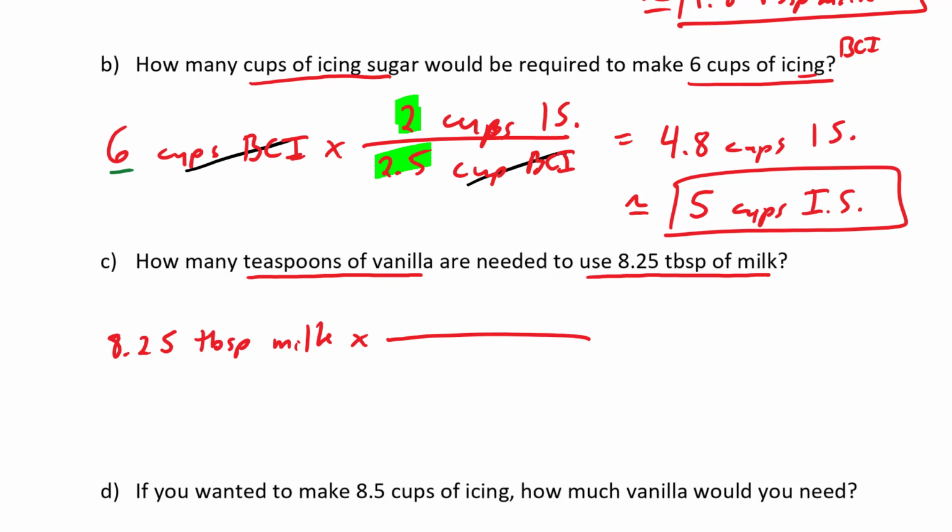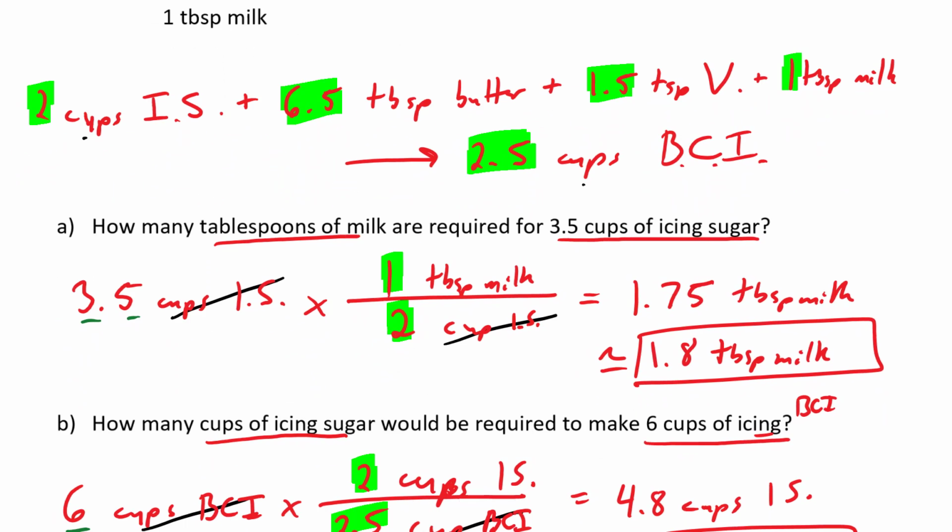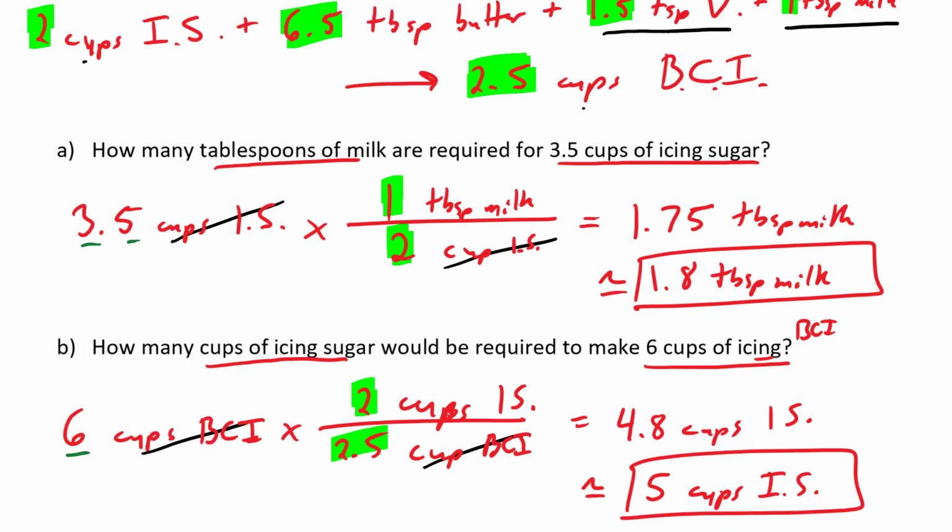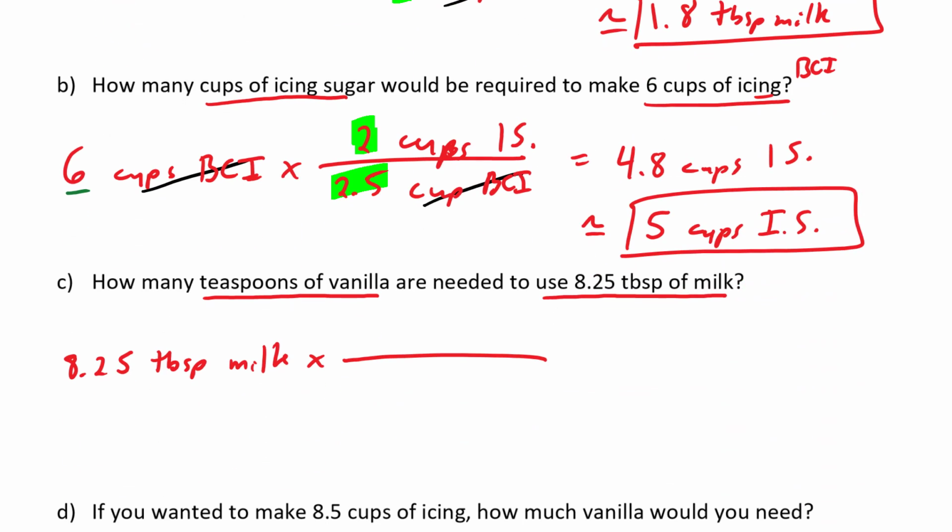Tablespoons of milk, teaspoons of vanilla. 1.5 teaspoons vanilla to 1 tablespoon milk. Tablespoons of milk goes on the bottom. Teaspoons of vanilla on the top. 1.5 teaspoons of vanilla will be used every time we use 1 tablespoon of milk. Tablespoons of milk cancel out. 8.25 times 1.5.